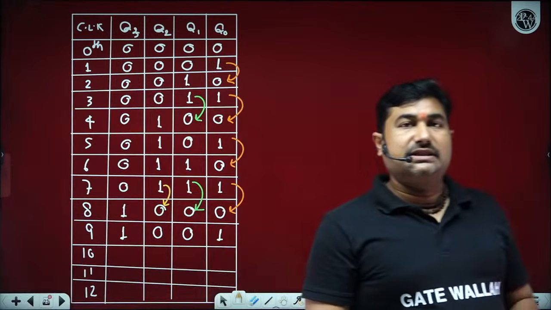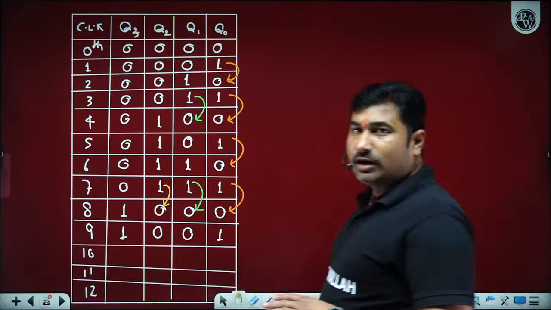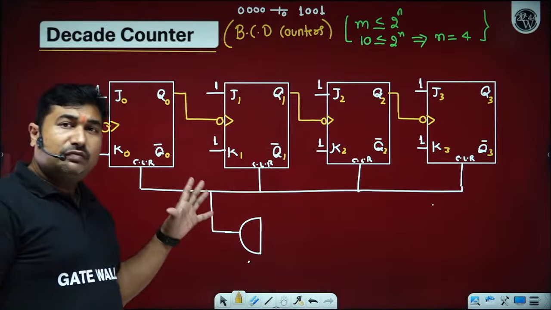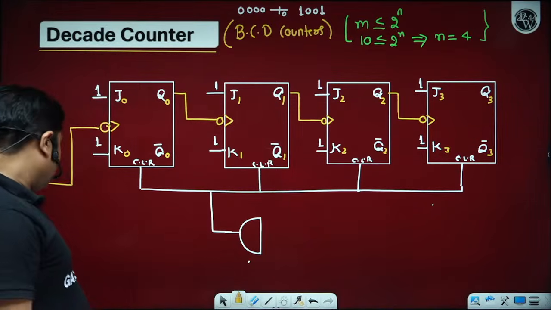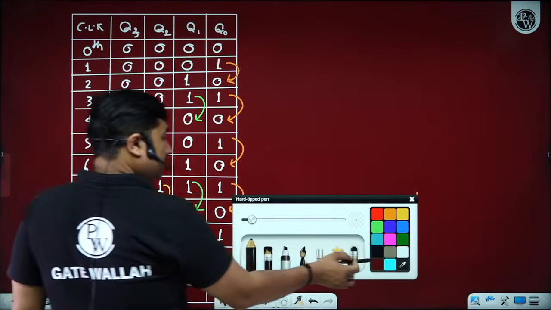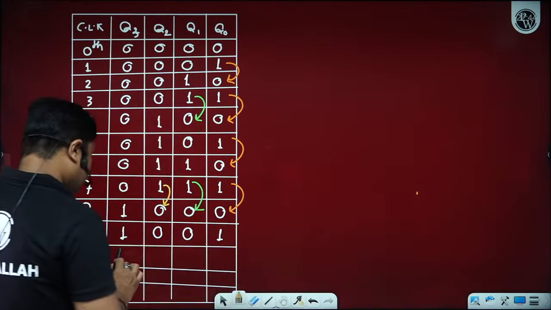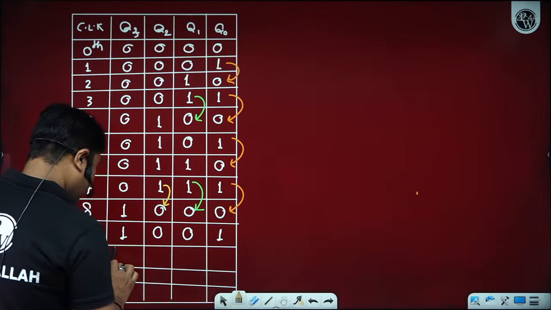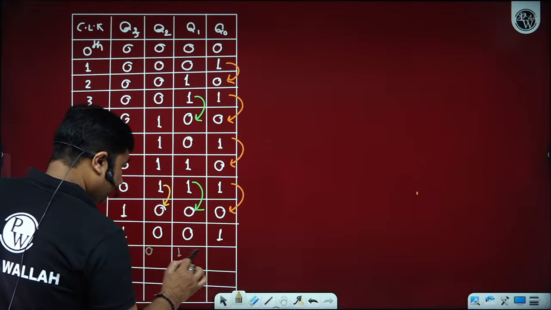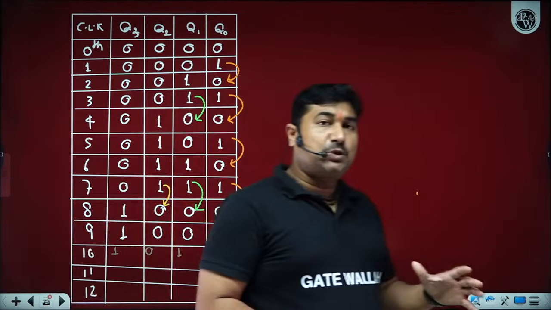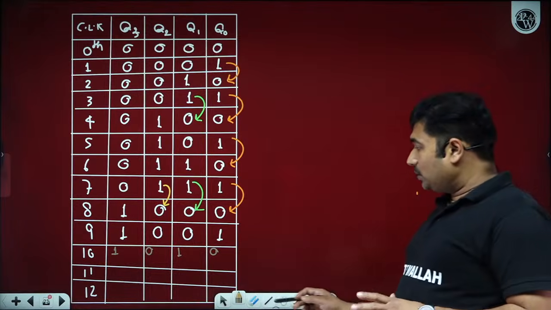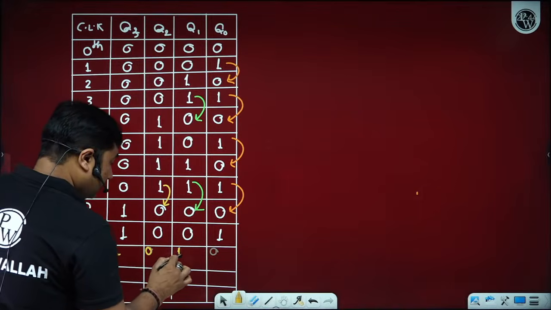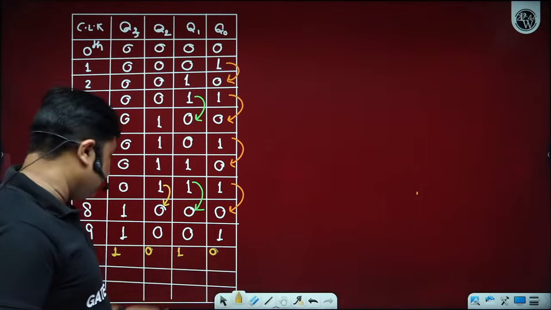We want up to this state. On the 10th clock pulse, what state do we get as per the arrangement? On the 10th clock pulse, we would get 1010. It appears, but you don't want this state to be a stable state. 1010 appears on the 10th clock pulse, but you don't want this to be a stable state.